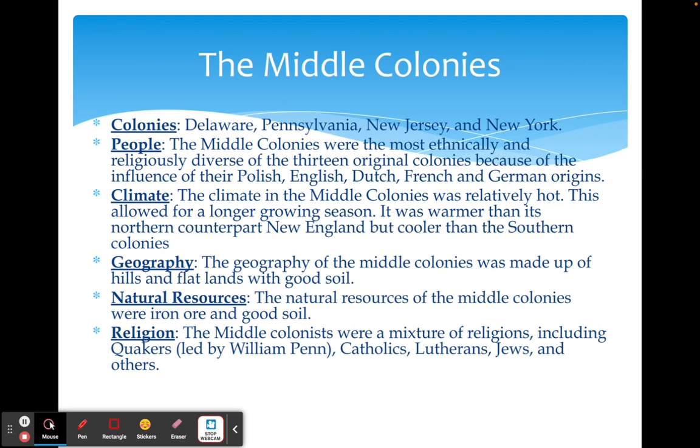So economically, large types of farming will be very popular. The natural resources of the middle colonies were iron ore and good soil. Religion, the middle colonies were a mixture. You have Quakers, led by William Penn, who will found Pennsylvania. Catholics, Lutherans, Jews, and others.